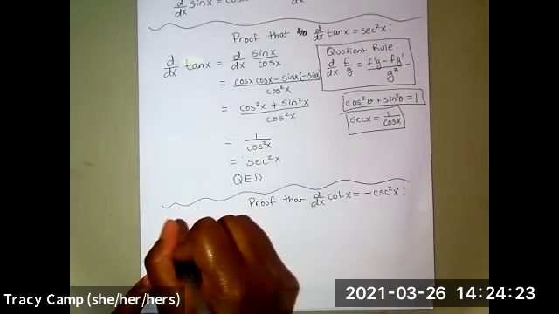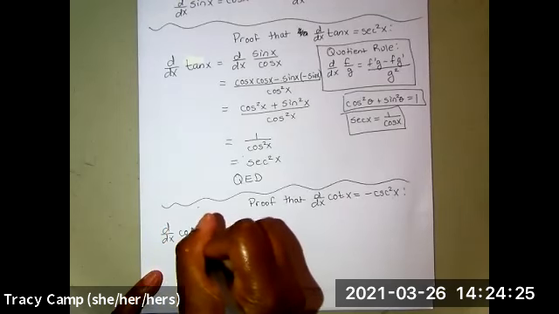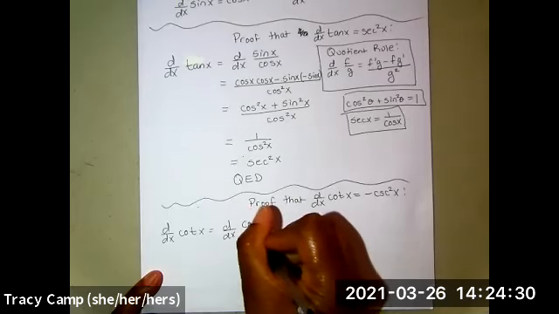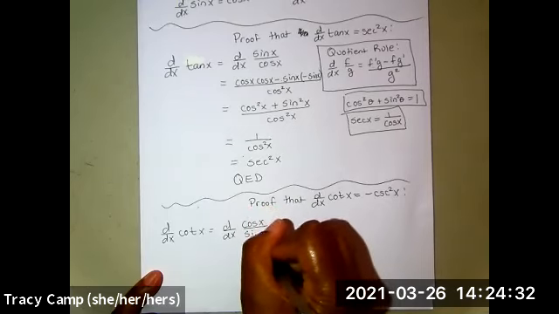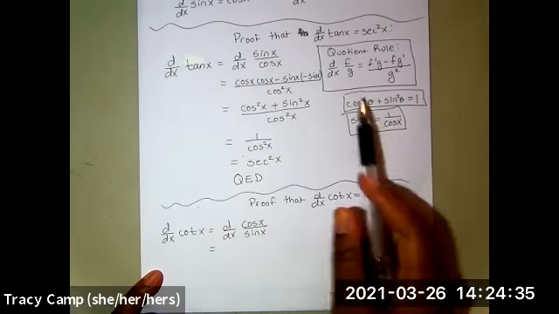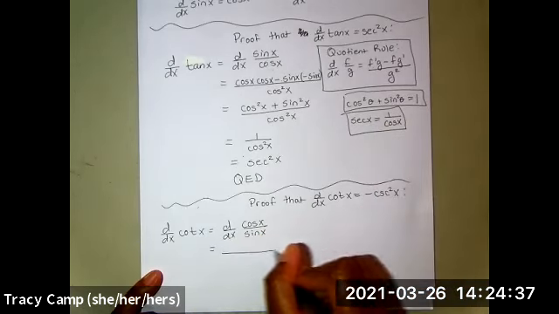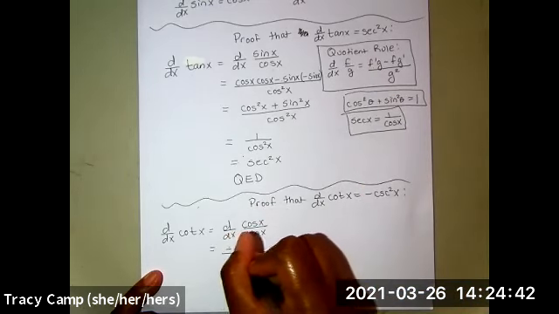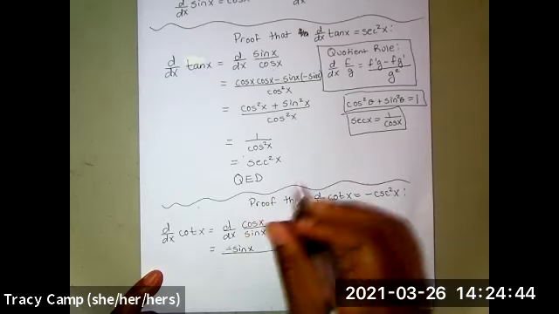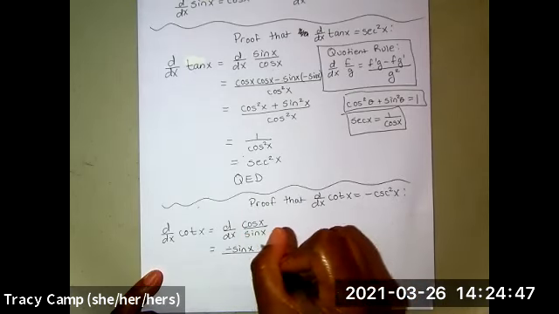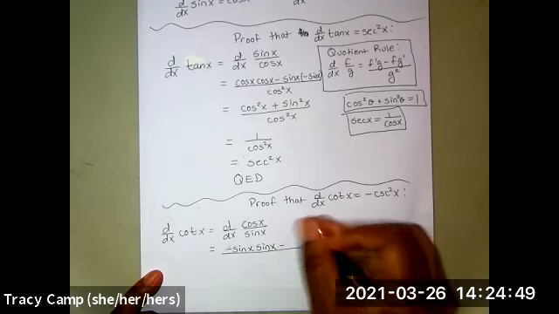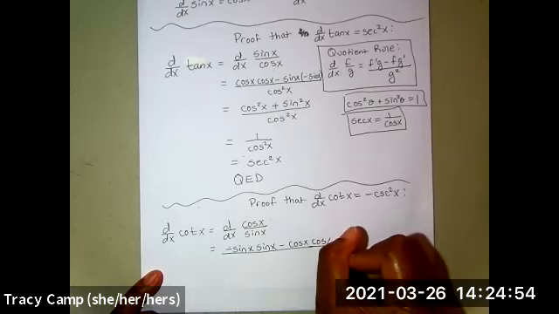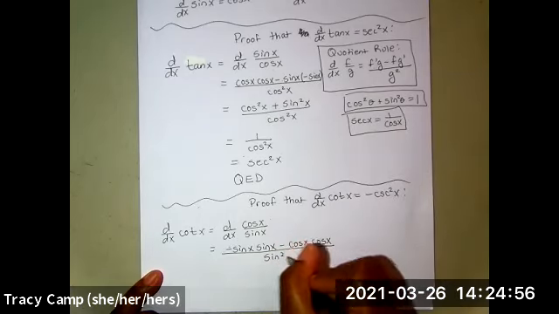We start off by recognizing that cotangent is the same thing as cosine over sine, and then use the quotient rule again. So the quotient rule says we have the derivative of the numerator times the denominator, minus our numerator times the derivative of our denominator, over our denominator squared.